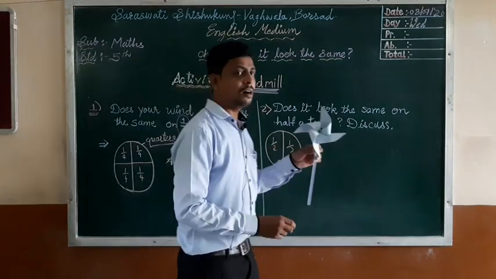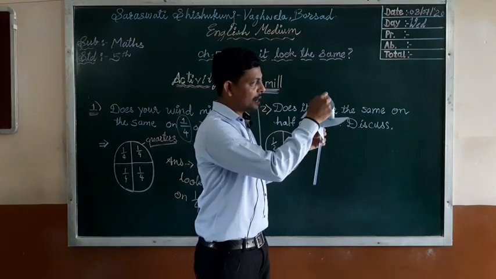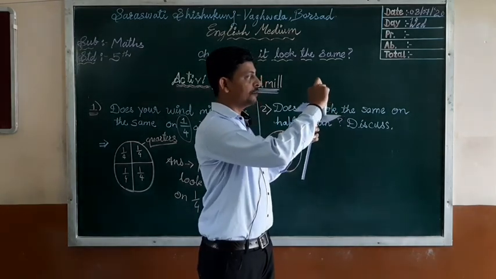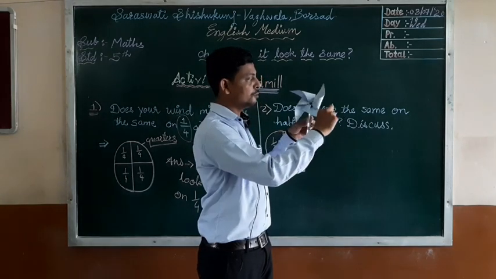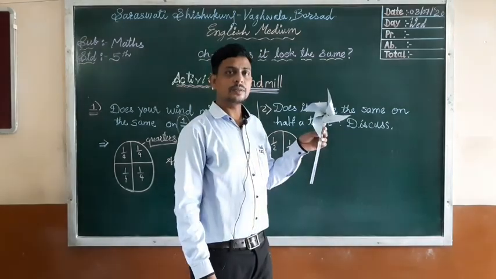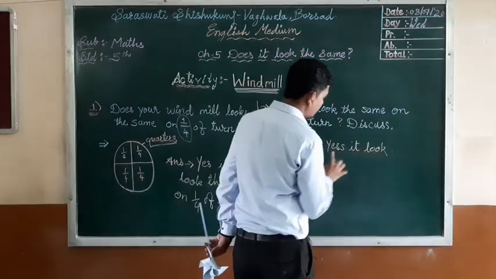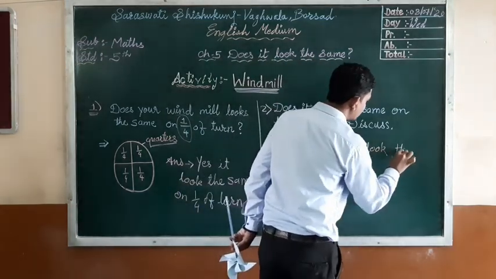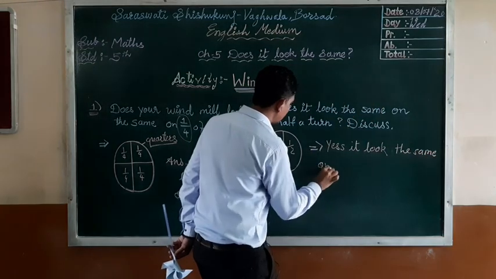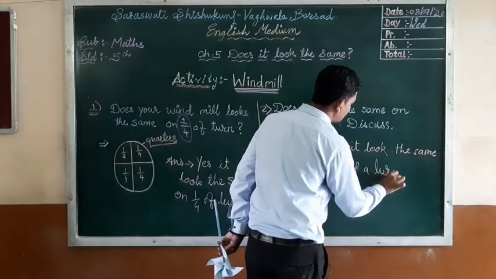This is the windmill and this is half of the portion, and the remaining part is also half. If we rotate this windmill by half from here to here, does it look the same? Yes, it looks the same. So our answer is yes, it looks the same on half a turn.